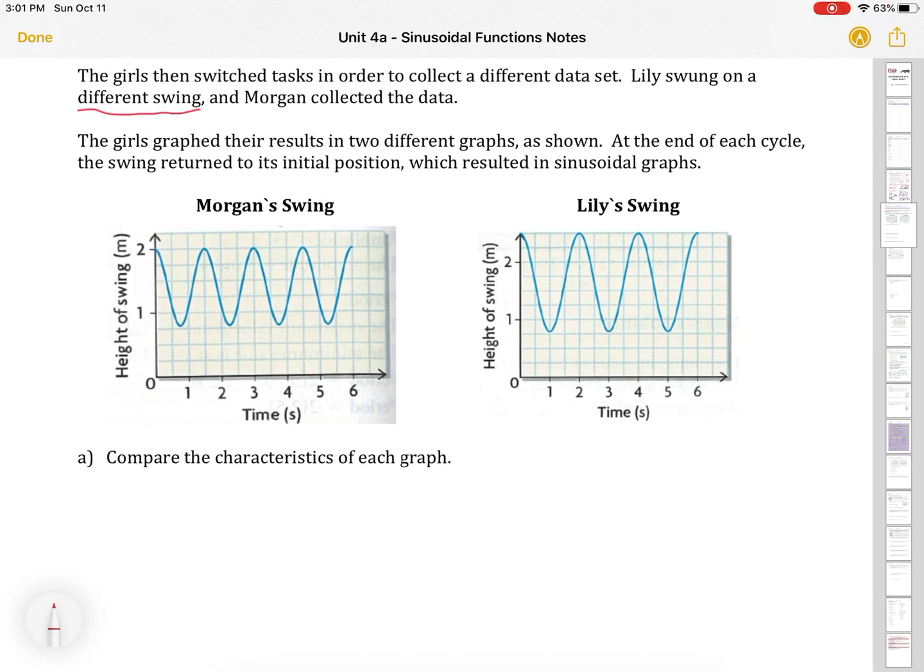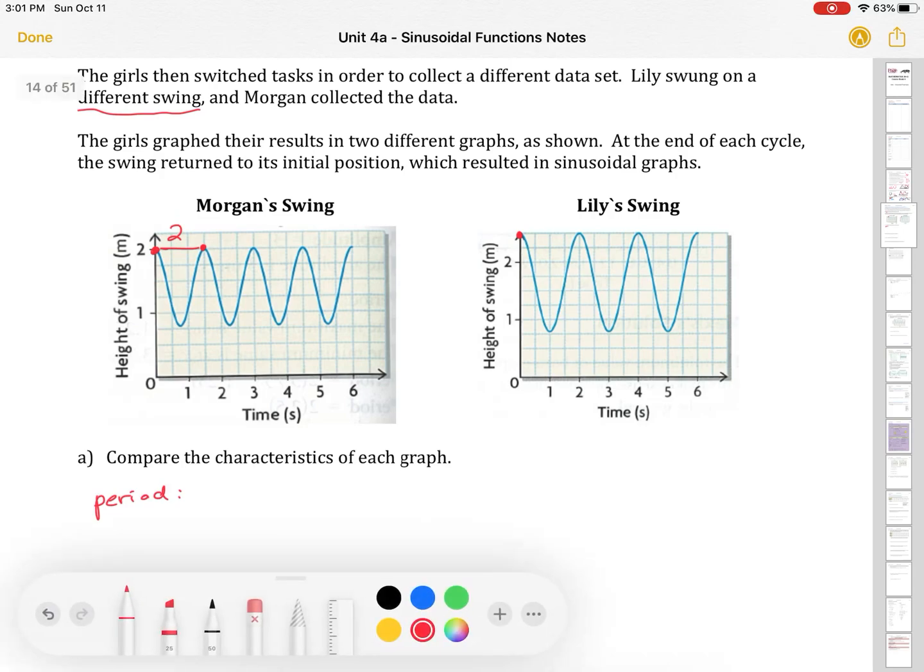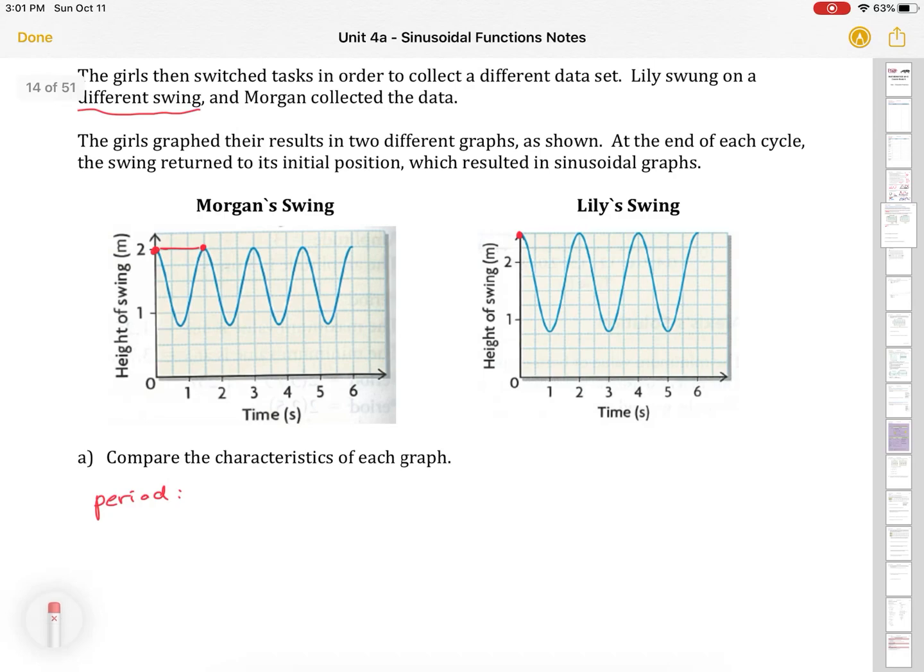Looking at these, let's think about the things we're looking at. For the period, if we compare these two, Morgan's period goes from 0 to 2. Right, that's our period, 2. Lily's goes from 0. Oh, sorry, no, this isn't 2, that's 1.5.